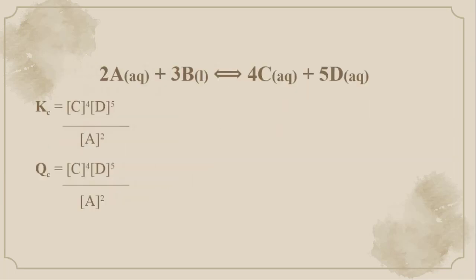All right, moving on, I wrote this reaction down and I wanted to write down the Kc and the Qc to show you that Kc and Qc will be written the exact same way. It's just going to be products over reactants. And who can tell me why I did not include B in my Kc or my Qc?